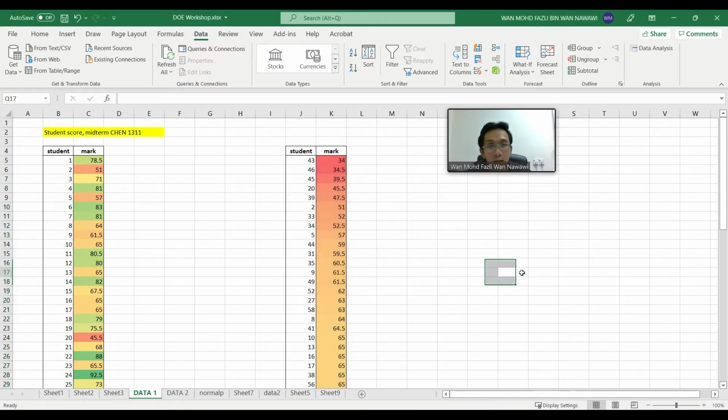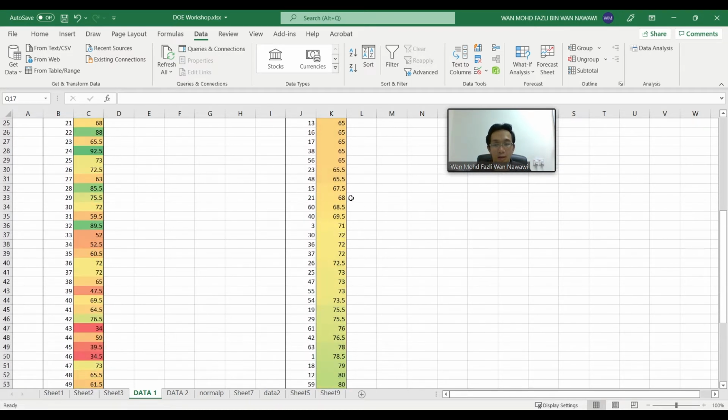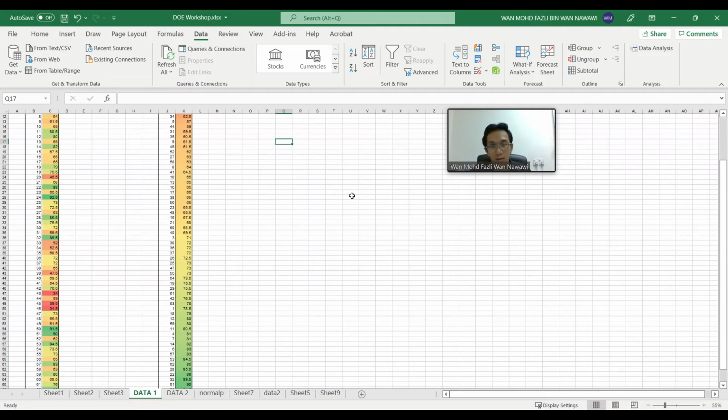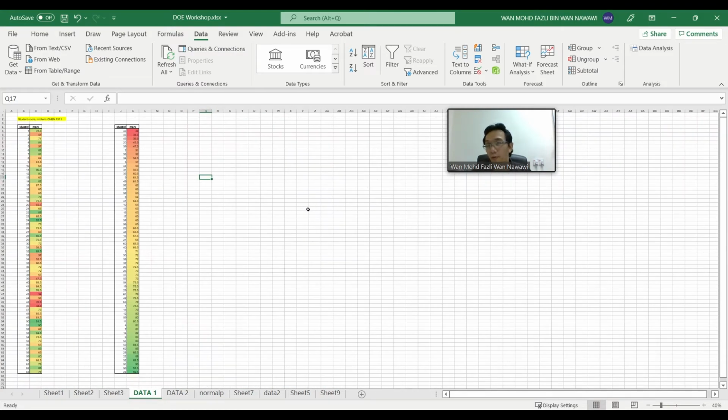Sort. Okay, so you see student number 43 on top, and now the data looks like this. If I make it smaller, just to give you the overall view, you can see the hot red here, then it goes to yellow, and then to green.